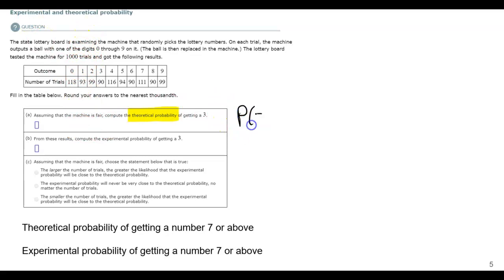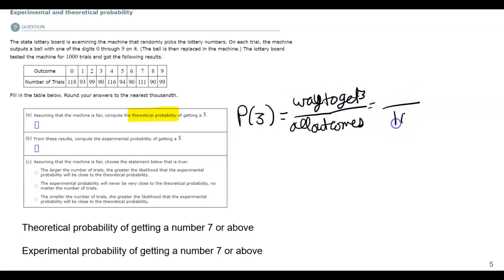So we do this, the probability of getting a 3. How many possible outcomes over ways to get 3? There's 10 outcomes. 1, 2, 3, 4, 5, 6, 7, 8, 9, 10.